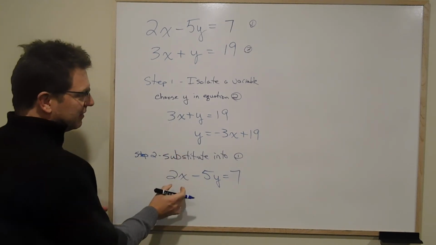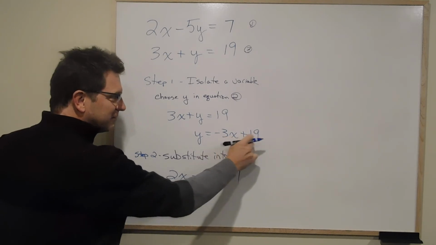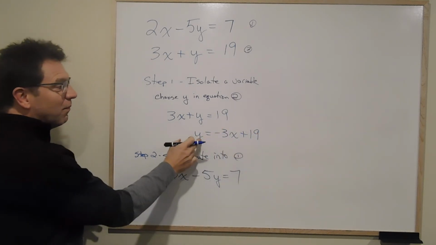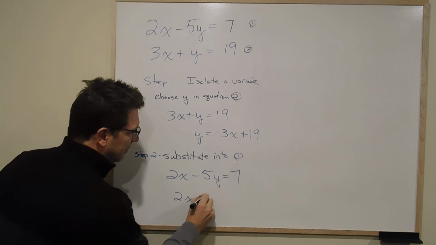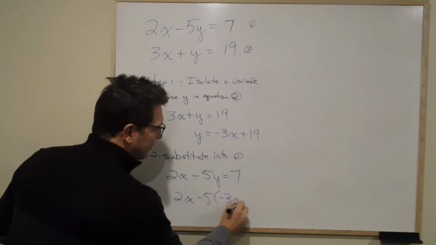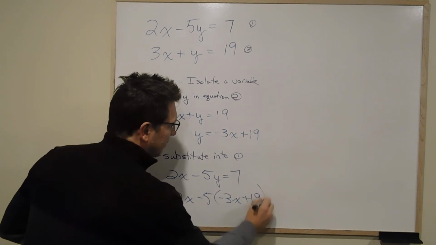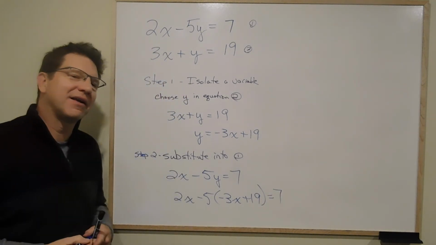I'm going to say, well, if I know that y equals negative 3x plus 19, why couldn't I put it in there? Minus 5 times that. I'm going to substitute that because I know what y is.